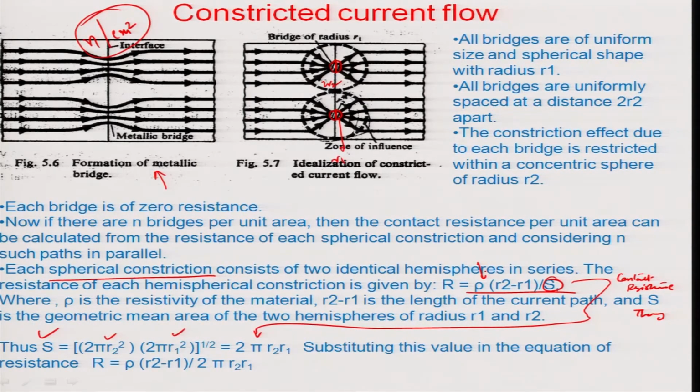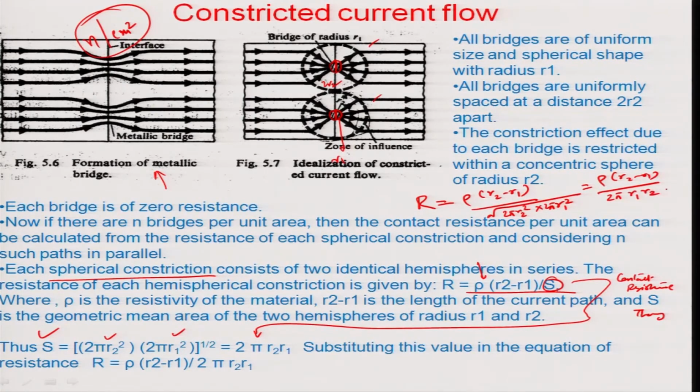So, the resistance between these two plates with n parallel bridges would be, for each bridge, rho r2 minus r1 by root over twice pi r2 square times twice pi r1 square, which becomes rho times r2 minus r1 divided by 2 pi r1 r2.